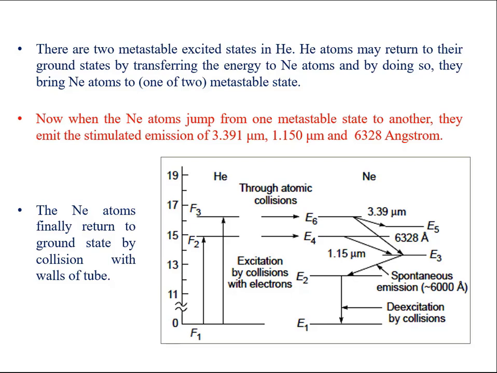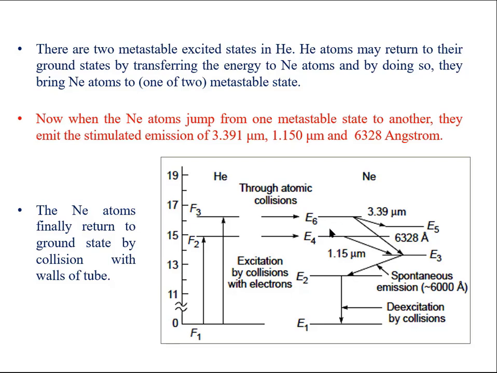There are two metastable states in helium, and these are represented by F2 and F3 in this figure. Helium atoms may return to their ground state by transferring the energy to neon atoms through collision, and by doing so, they bring neon atoms to one of two metastable states of neon, E4 and E6.